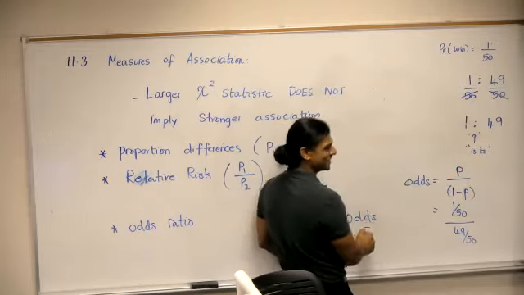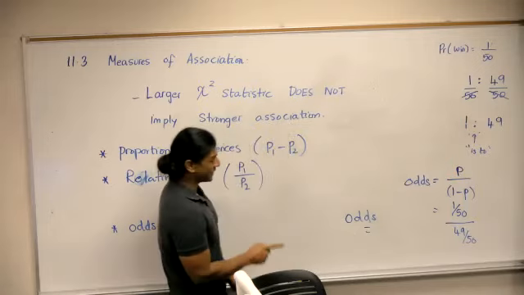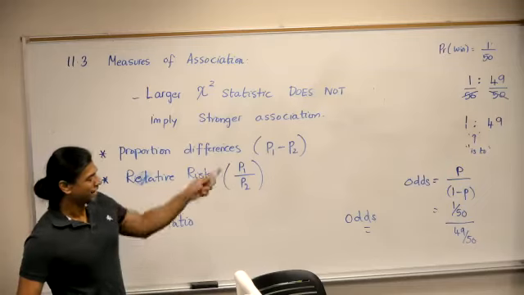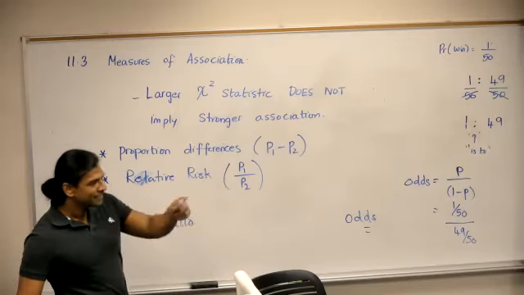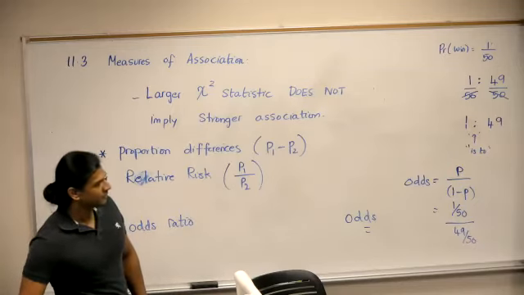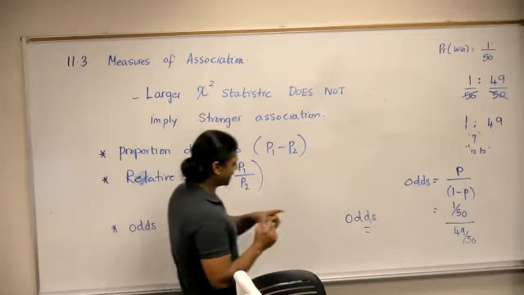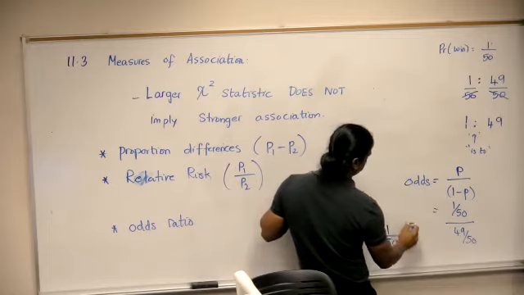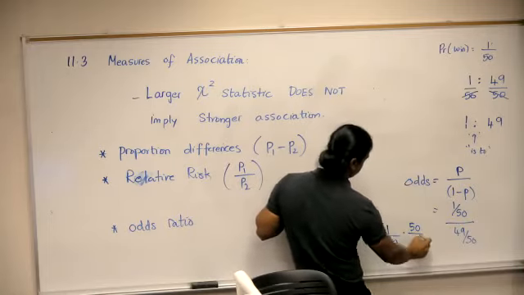How do you simplify? Great answer, simplify, but how? Fraction over fraction. Don't we multiply, but put 50 over 49? Very good. Flip and multiply. So 1 over 50 multiplied by 50 over 49.